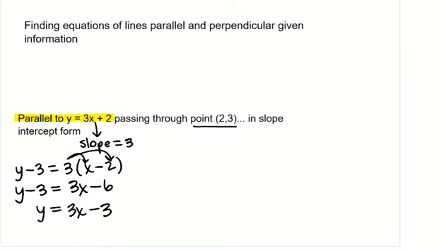Or I could have gone a different direction and said, well, I know that they want slope-intercept form, so I'll just set up for that right now. y is equal to mx plus b. I said that, well, if it's parallel to a line with slope 3, it will also have to have slope 3, so I'll say y equals 3x plus b. And then I'll use the point (2, 3).